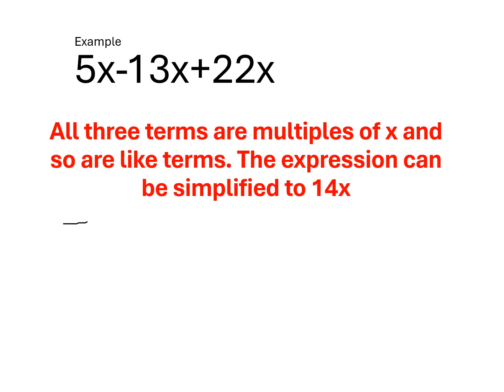So 5x minus 13x. This is a positive 5 and a negative 13, so you're going to subtract, and the answer is going to take the sign of the larger number. We're working on this side first.